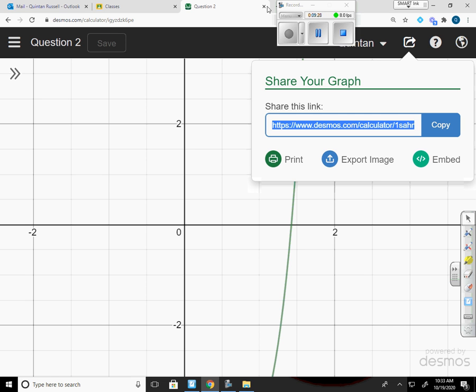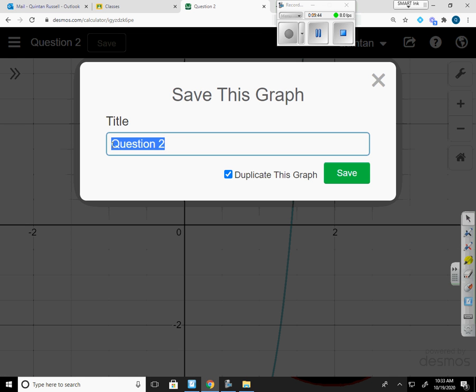I don't recommend that because it's going to save it onto your laptop or your Chromebook or whatever phone you're using to do this assignment. So I don't actually recommend exporting the image. I would just copy and share this link. If you wanted to get even better with the naming, you could say 2.1 day 1 question 2.